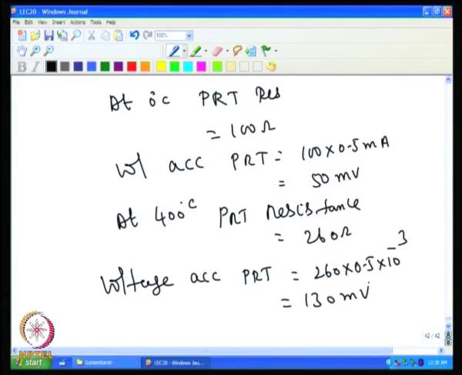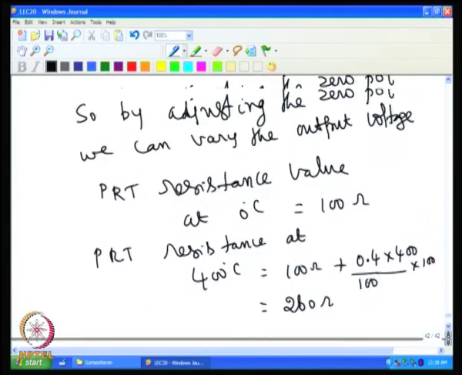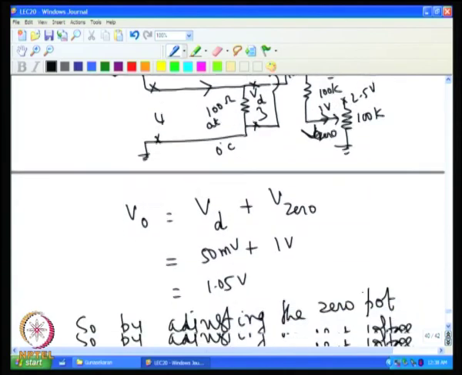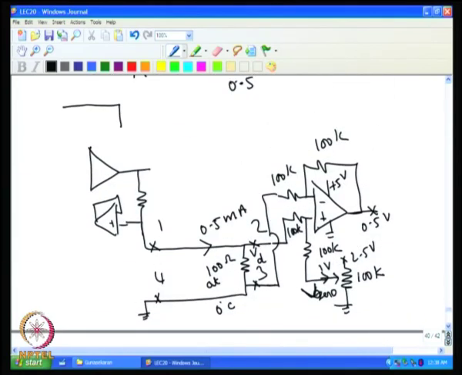So, the voltage across this goes to 130 millivolt at 400 degree C. So, correspondingly the output at this point is 50 millivolt plus V0 at 0 degree C. At 400 degree C, this becomes 130 millivolt plus V0.